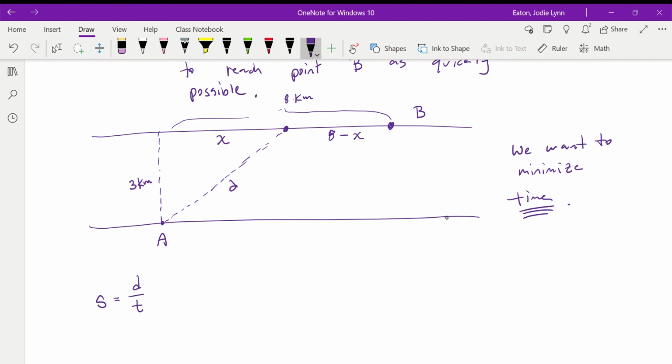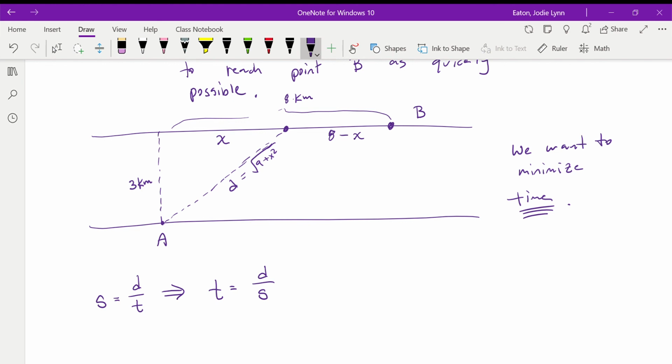So that means time equals distance divided by speed. So we have 3 kilometers, x, and d. We are going to have to find our distance d. We can use the Pythagorean theorem. It's going to be the square root of 9 plus x squared, because x squared plus y squared equals d squared.